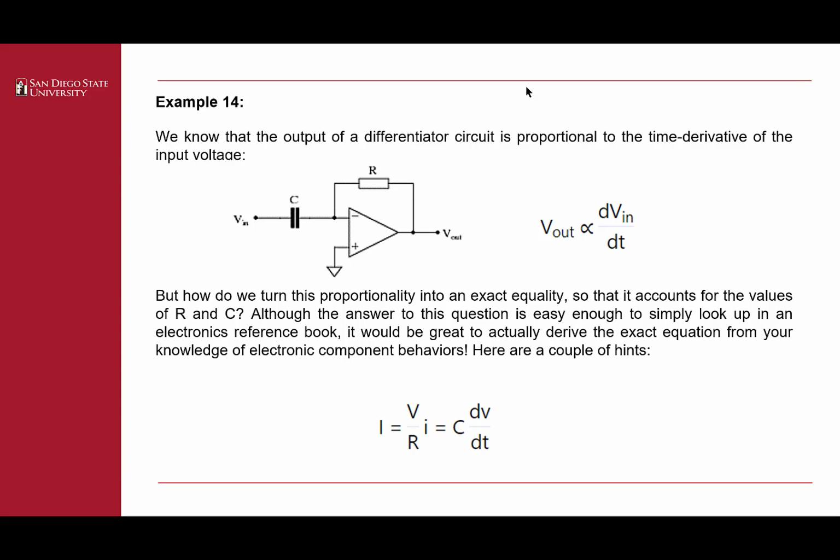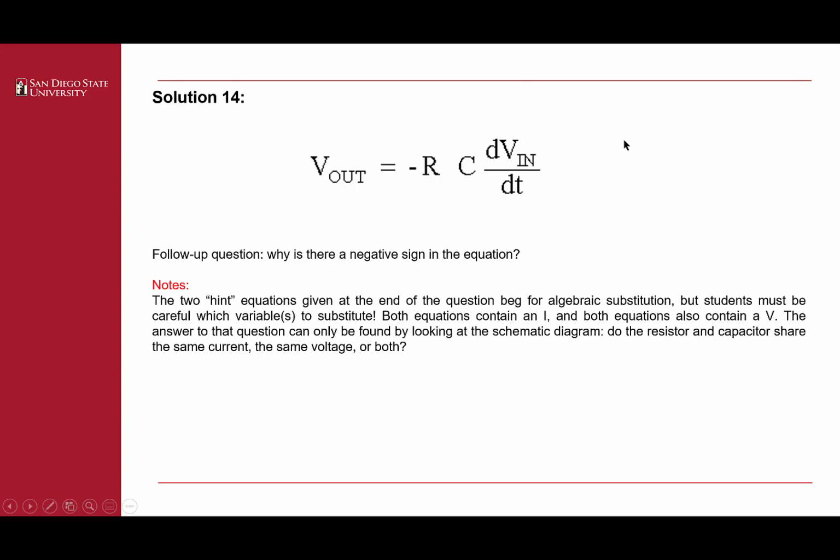So this will be almost exactly the answer we have seen here. There is one little difference, and this answer is minus. So it's minus R times C times dVin/dt. And the reason why we have a minus here is exactly the same reason why we have the minus in the integrator circuit. It is because of the phase shifts occurring because of this circuit structure.